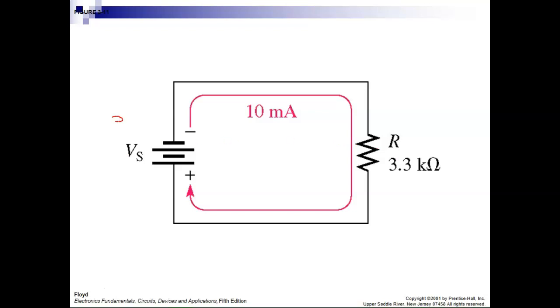Are you sure it's not just 33? Milliamps would be 0.001, right? Yes. And 3.3K would be 3,300. Okay, yeah, it'd be 33 because I put 33,000 instead of 3,300. I know where I messed up. Okay. So what would happen if, well, we've already covered that anyway.